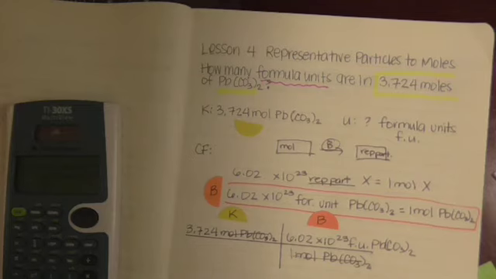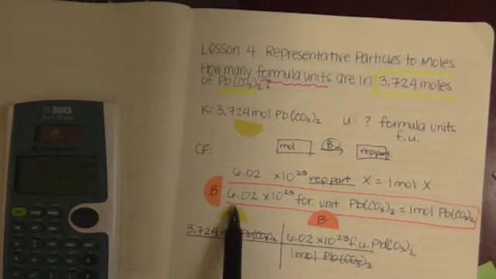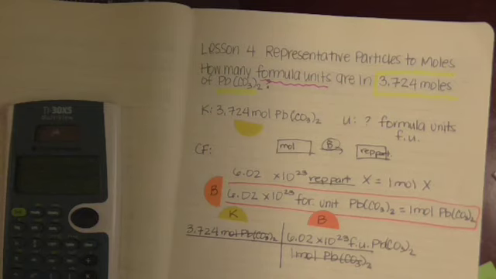Sig figs, we do need to consider that. This had 4, but this only had 3. So we're going to make sure our final answer has 3, which means we need to look at this digit here that says round up. I know the last 3 problems, we all rounded up, but make sure that you're double checking, because sometimes you will need to actually round down.